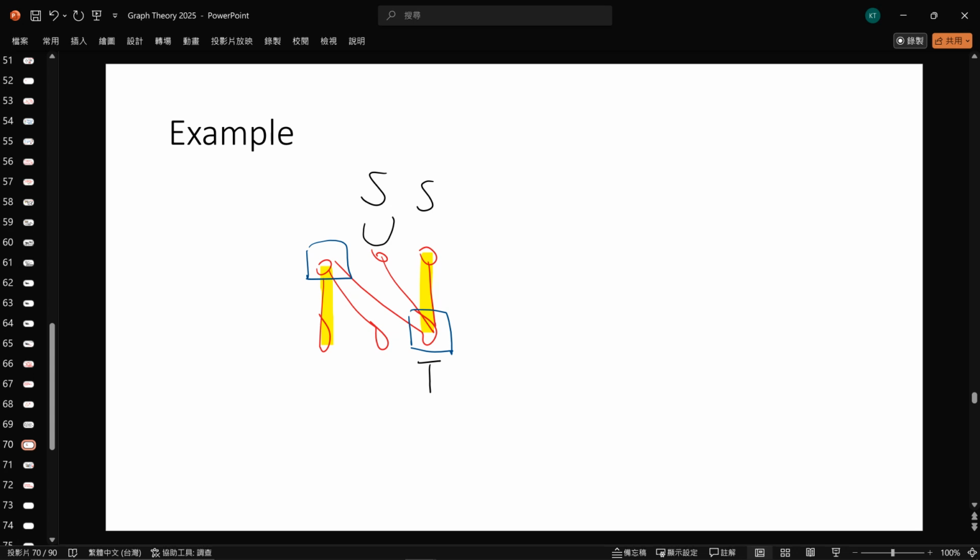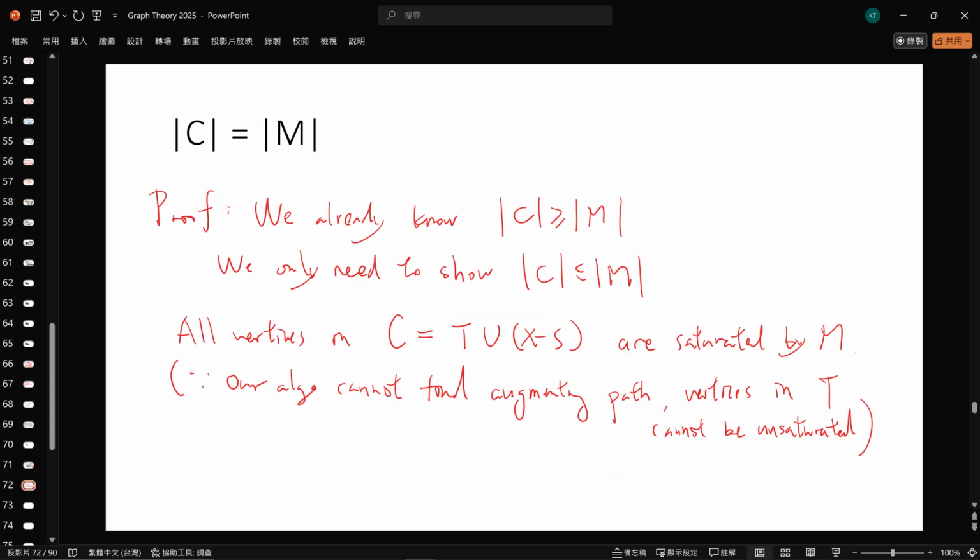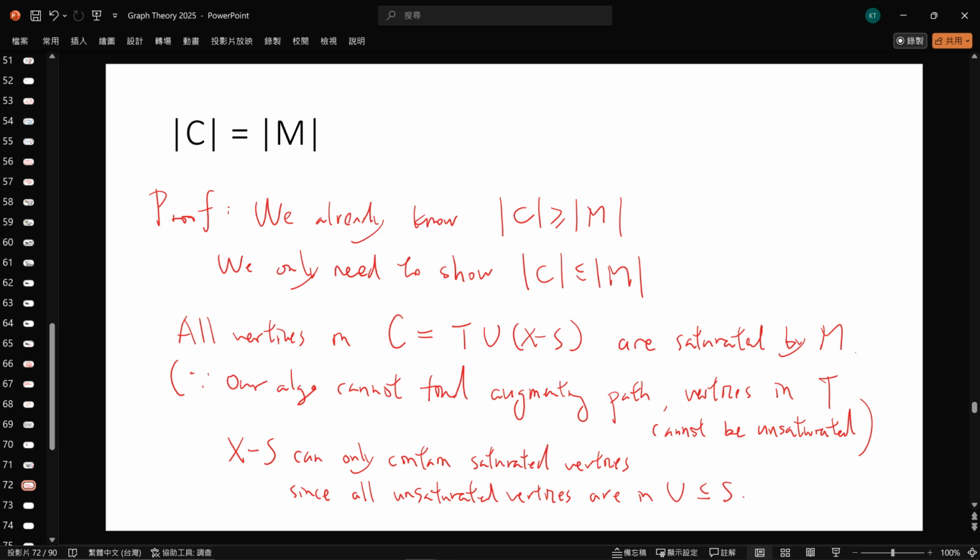U，然后 U 就一定会被放到 S，OK？所以换句话说，这个 X 减 S 的点一定全部都会被 saturate，因为如果里面有一个点没有被 saturate，那它应该被放到 U，就应该要被放到 S。Let's finish the proof here and then we take a break, okay?